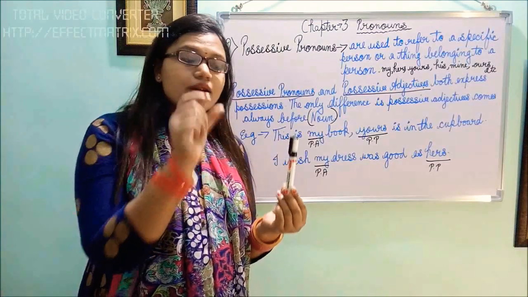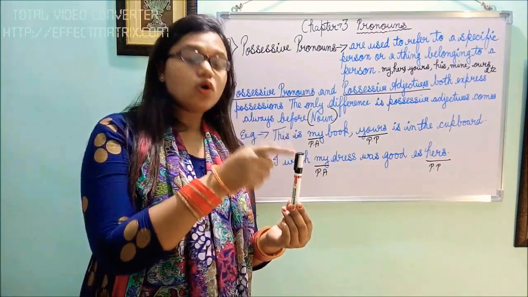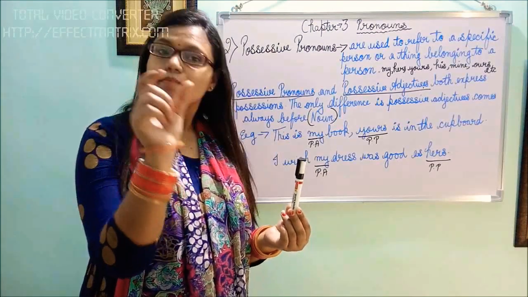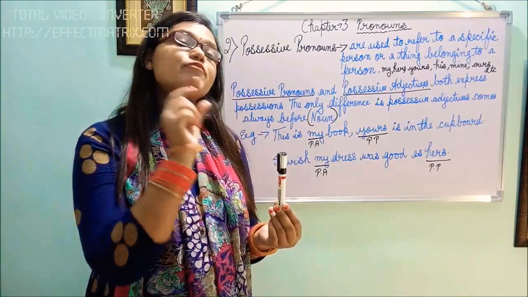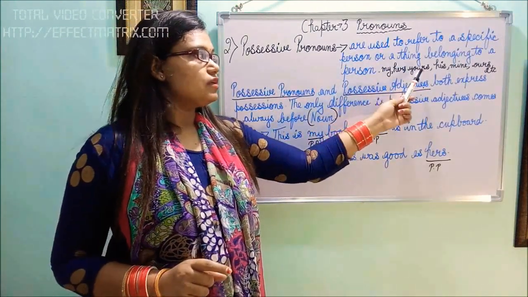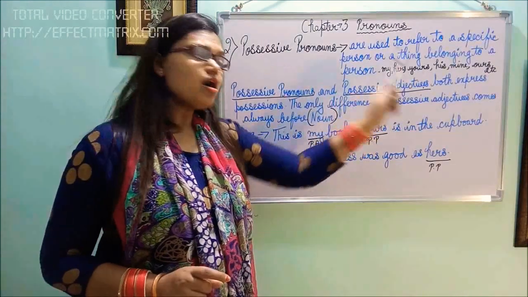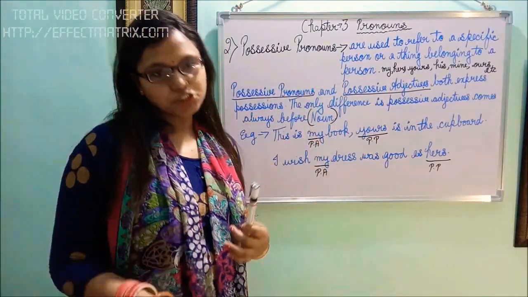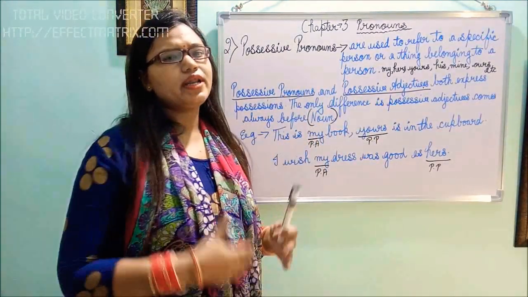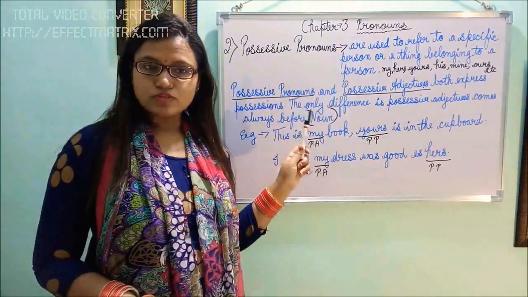Here the word my is showing my possession of this pen or this marker. So the word my is a possessive pronoun. Similarly, here my, yours, hers, his, mine, ours, etc. These all are used to show possession of things or of any person. So they are called possessive pronouns.